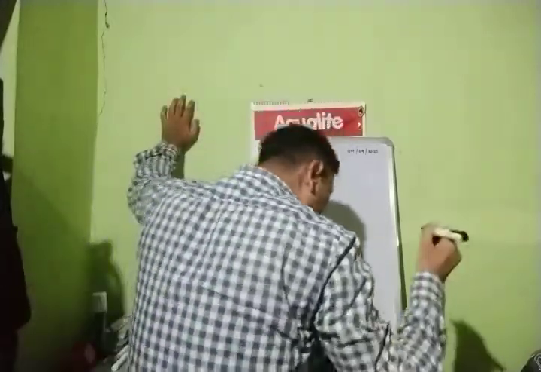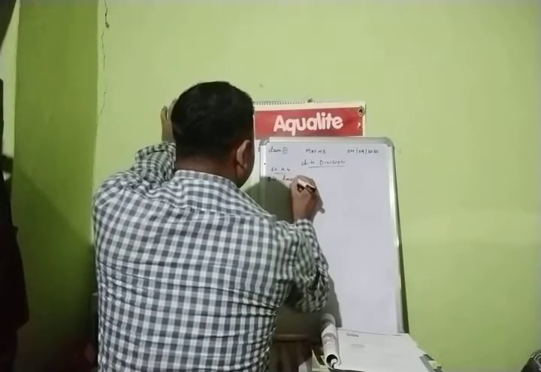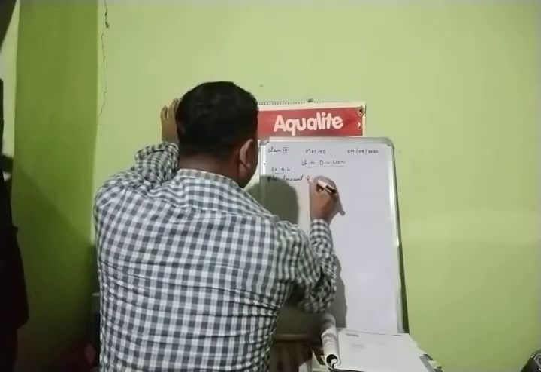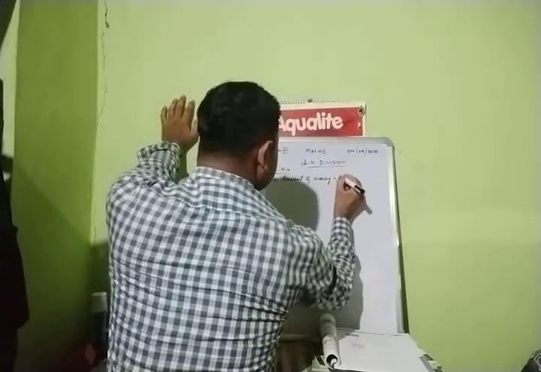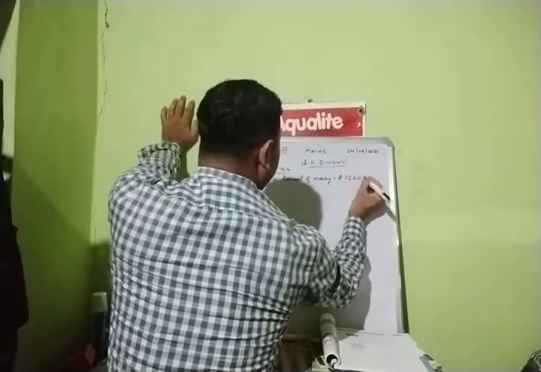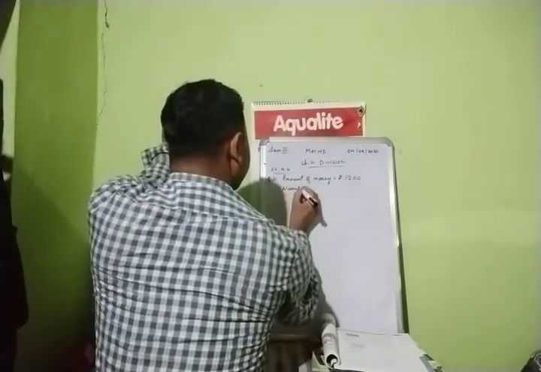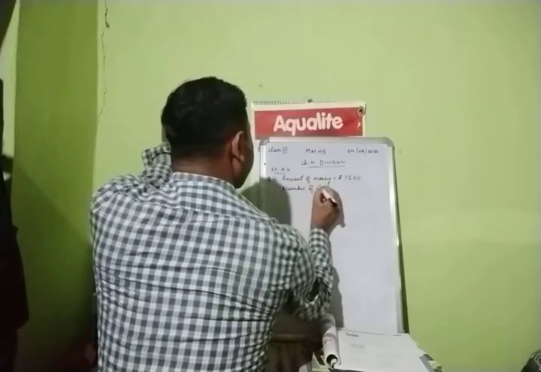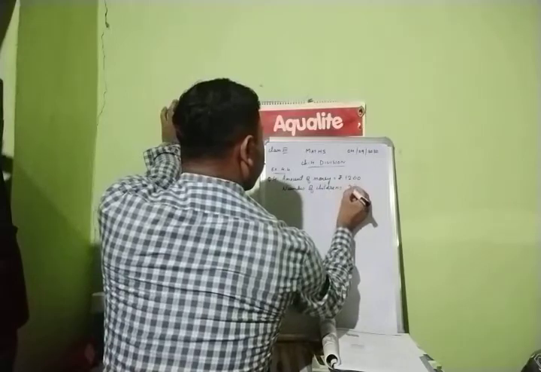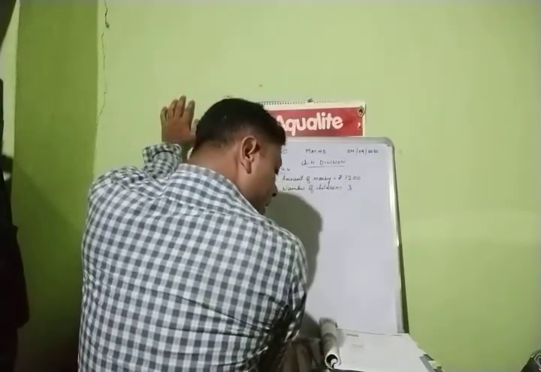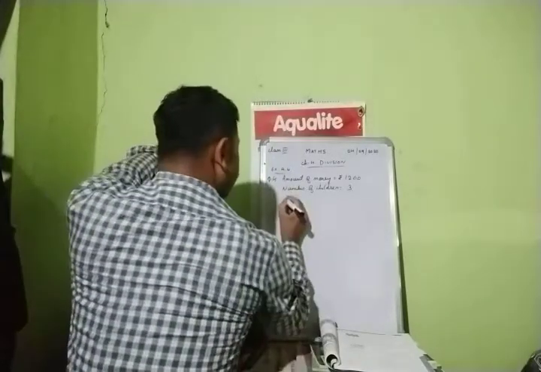Amount of money, rupees 1200. Number of children she had, 3. Then amount each child gets.